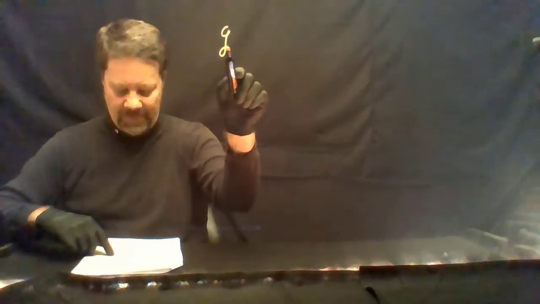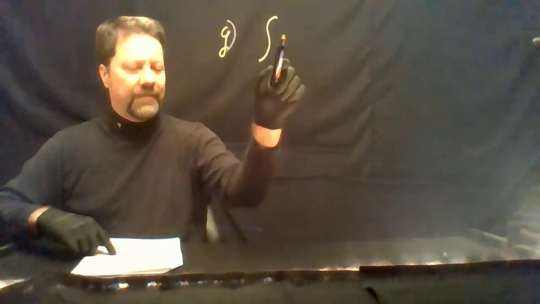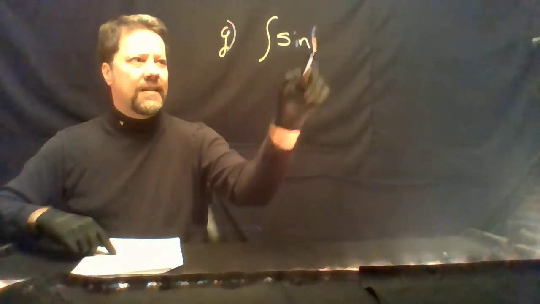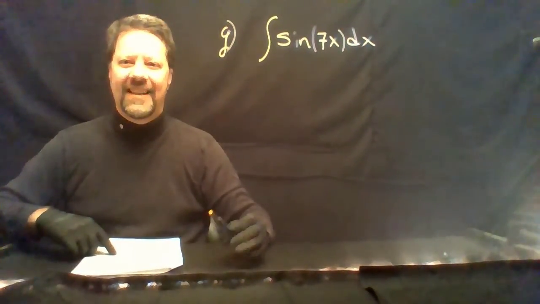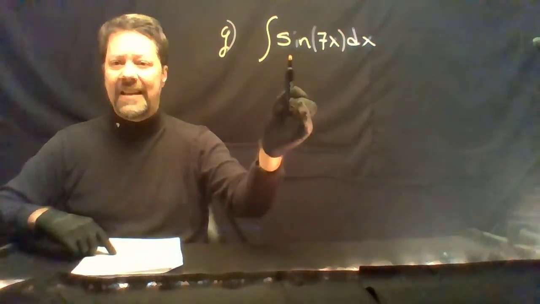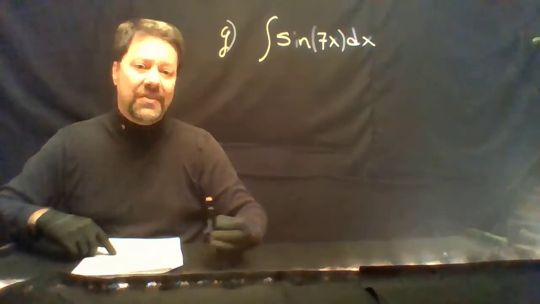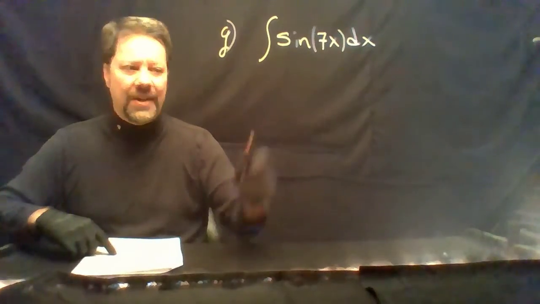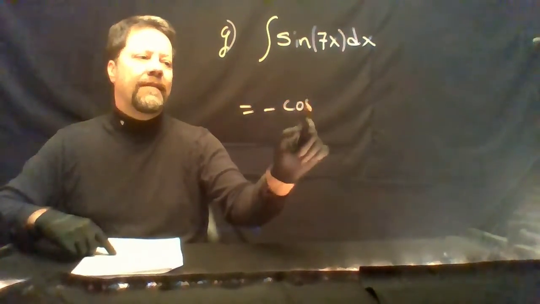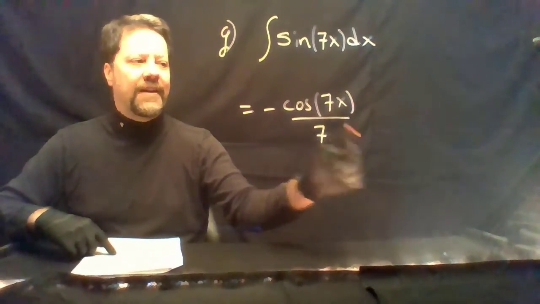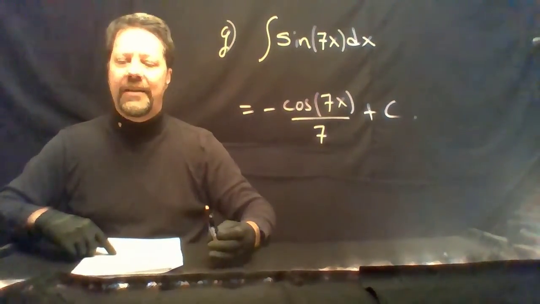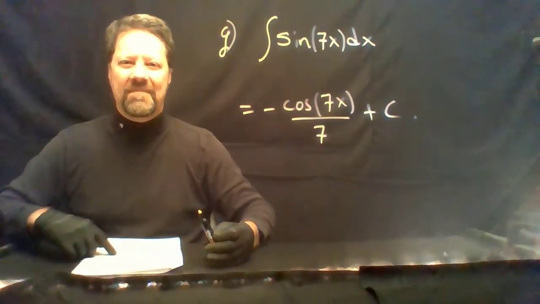On part G, we have an indefinite integral of the sine of 7x dx. We know an antiderivative of sine of x is negative cosine. But because of the 7 here, we divide by 7, and of course add plus c.